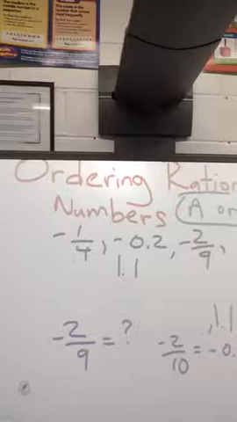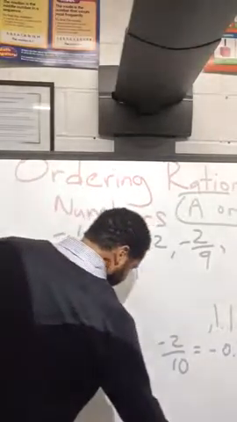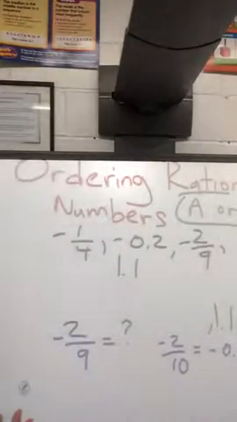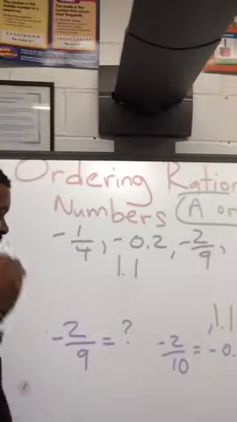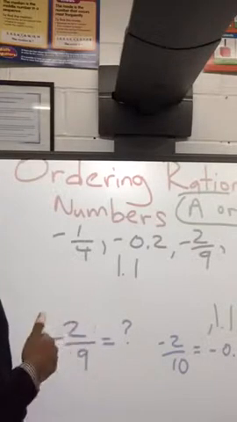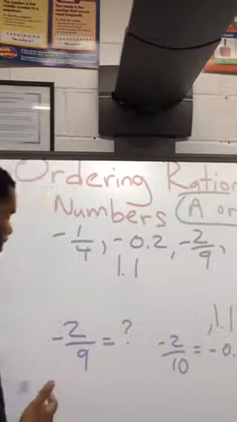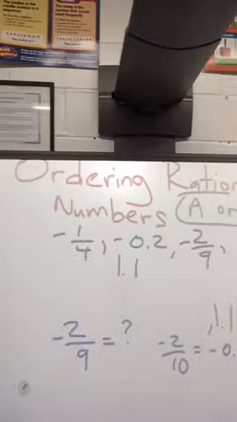Got it? Now, ask yourself a question. Which is closer to 0? 2/10 of a space to the left, or 2/9 of a space to the left? I want you to think about that.